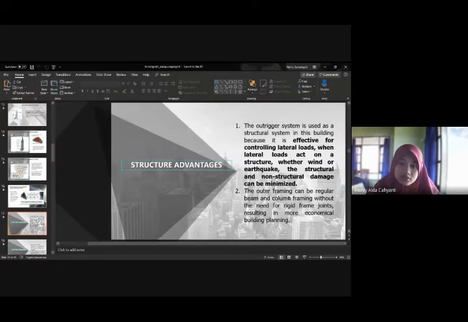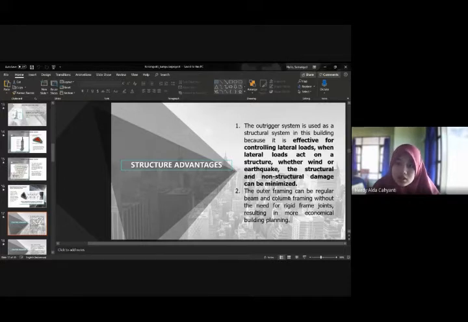Next, structure strengths. Number one, the outrigger system is used as a structural system in the building because it is effective for countering lateral loads.